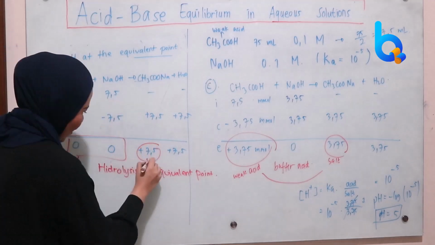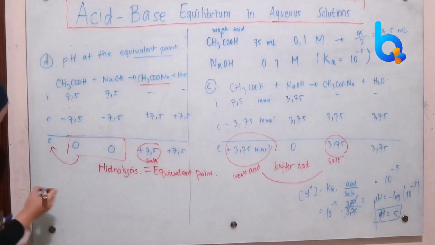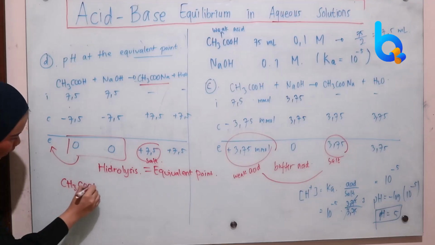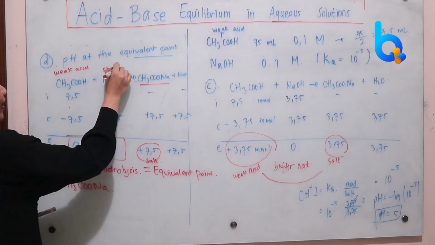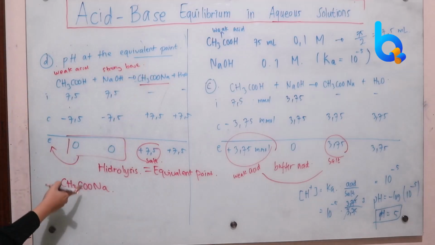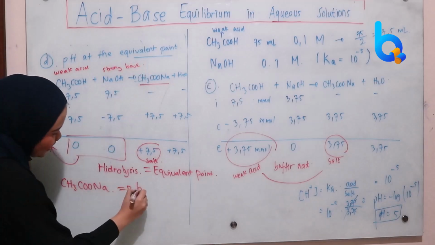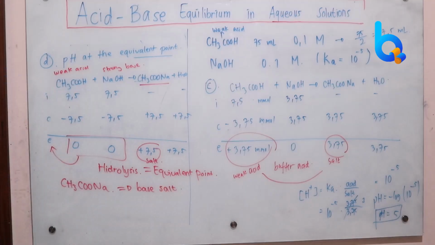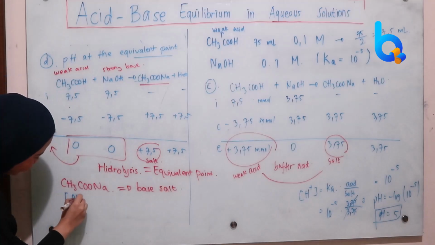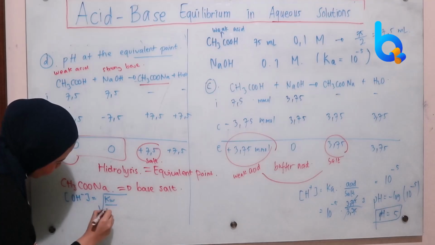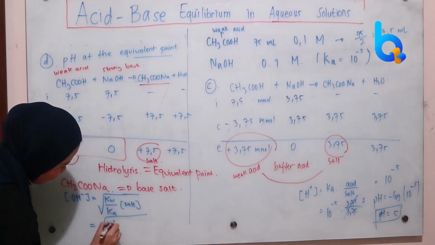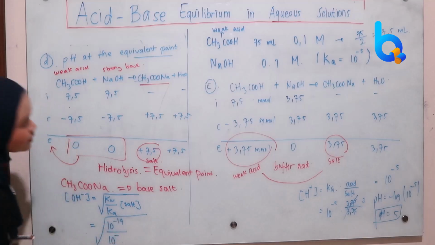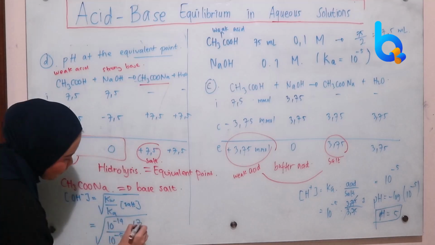This is the salt. Okay, what are the properties? CH3COONa comes from a weak acid and a strong base. So the properties of CH3COONa will be a basic salt. Okay. For a basic salt we can calculate OH minus equal to the square root of Kw per Ka times salt. Kw is 10 to the minus 14, Ka is 10 to the minus 5, and salt is 7.5.